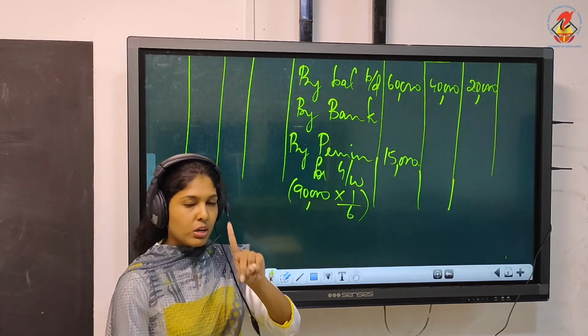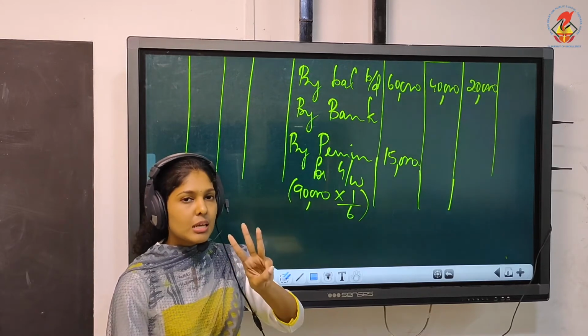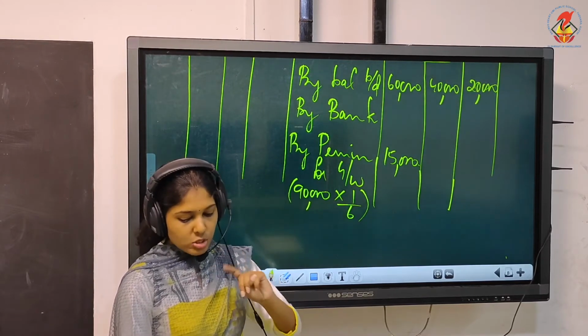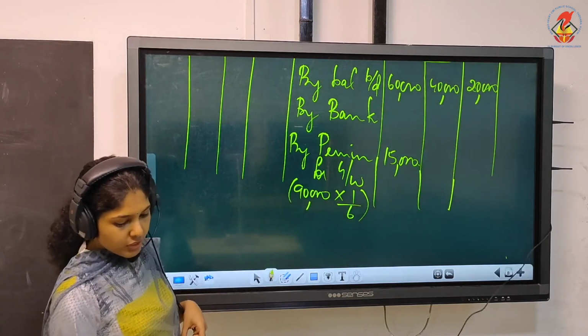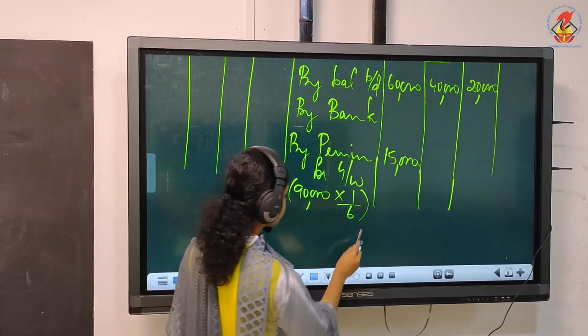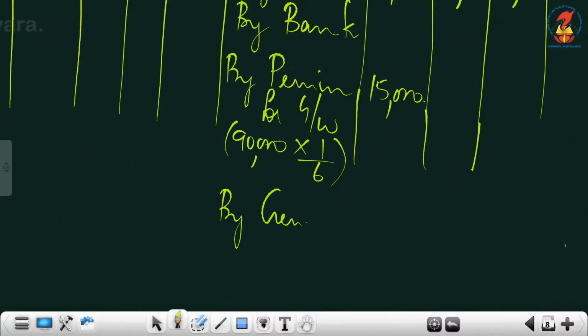So 2 steps are over. We wrote the opening balance. We referred to the adjustment. What is the third step? See the balance sheet. On the balance sheet liability side, we have general reserve, and that will be transferred to the opposite side. So you must write by general reserve.